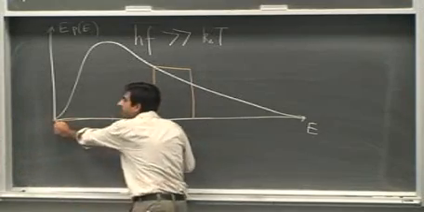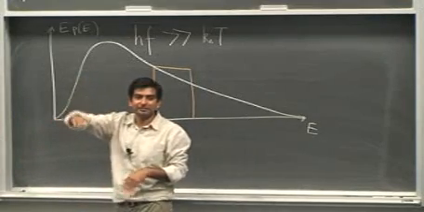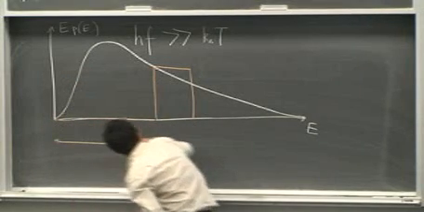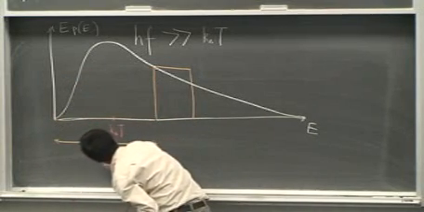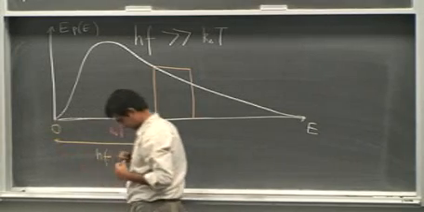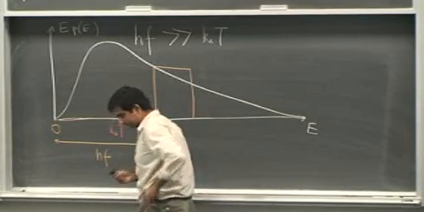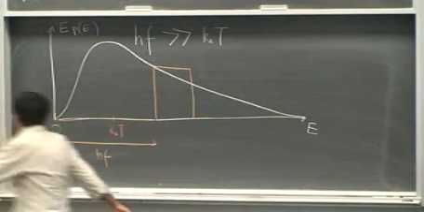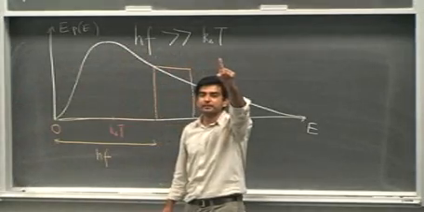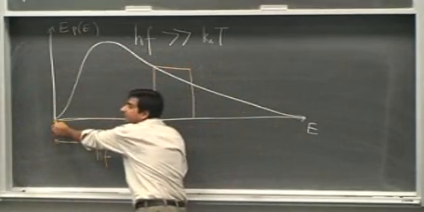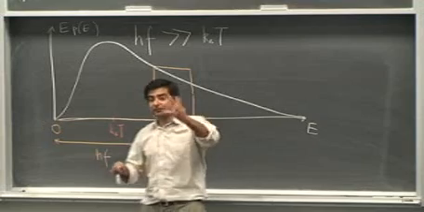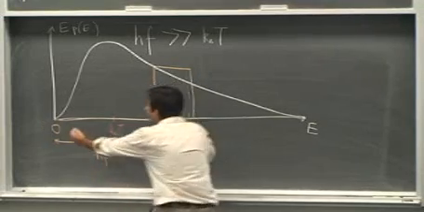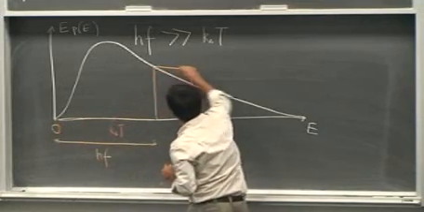So the first rectangle has 0 height, and this span is hf. The first frequency is f, which means the next energy is hf. So after a span of hf, the first rectangle appears.